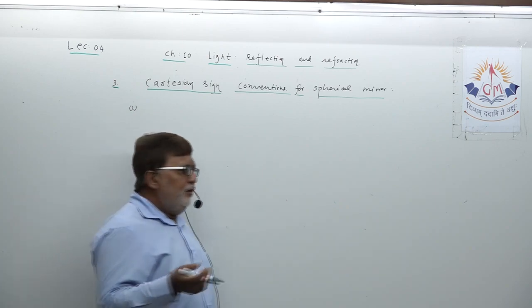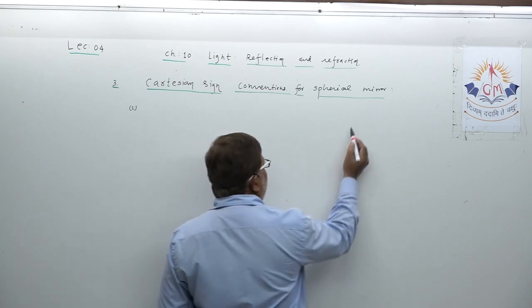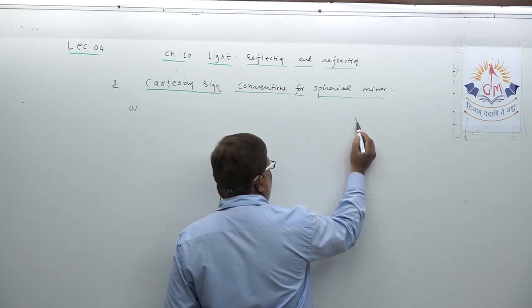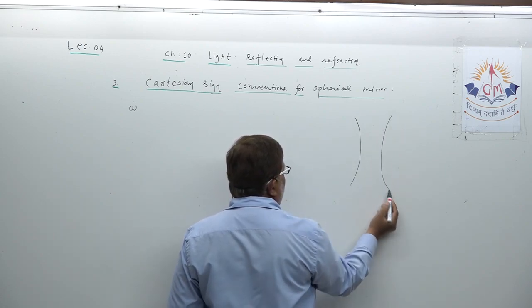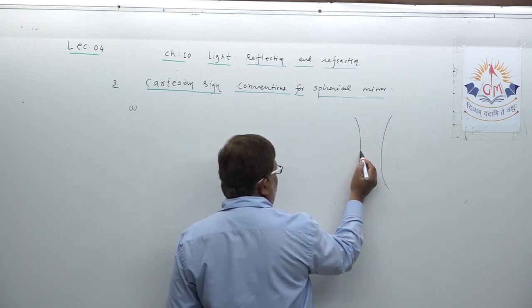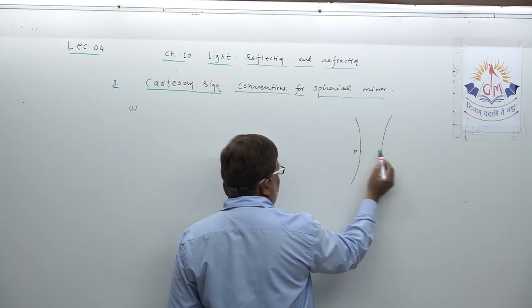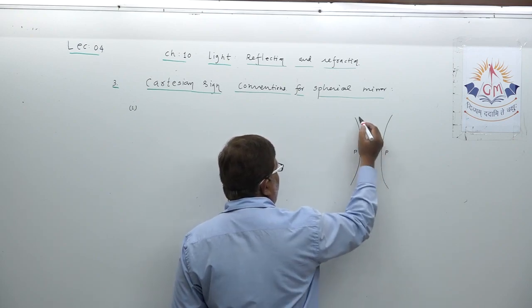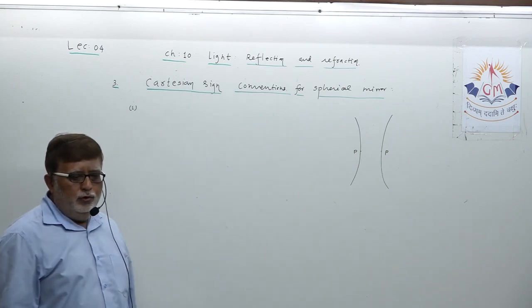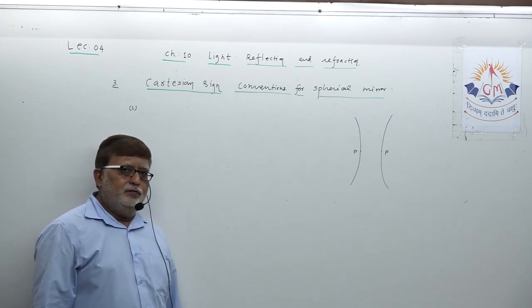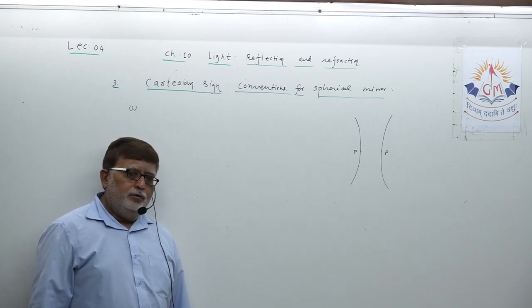As far as any mirror is concerned, may it be concave or convex, the pole is considered the origin. Any distance can be measured from the pole of the mirror. That is the first rule we have to study.